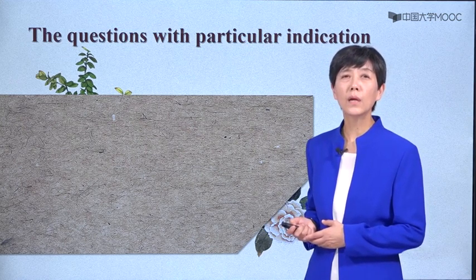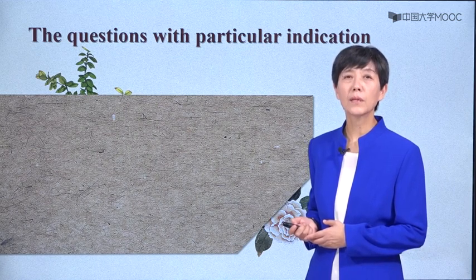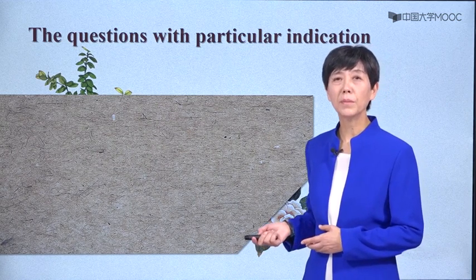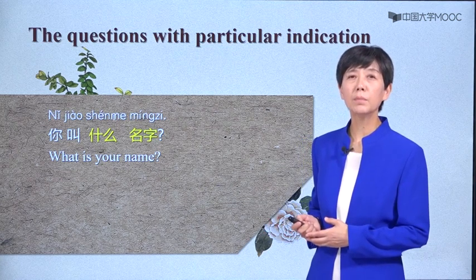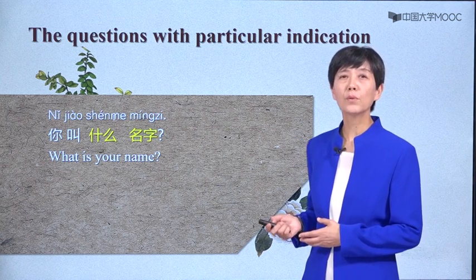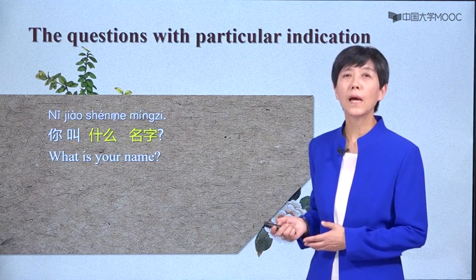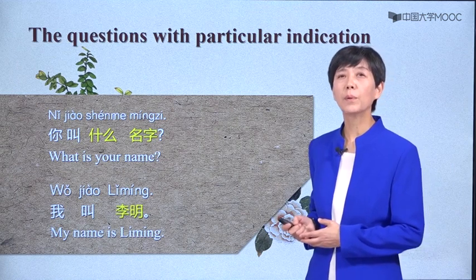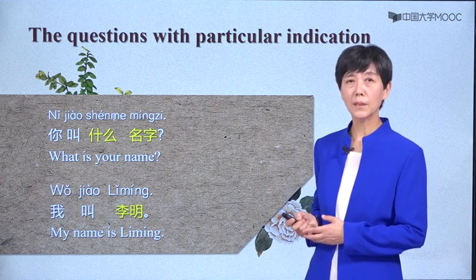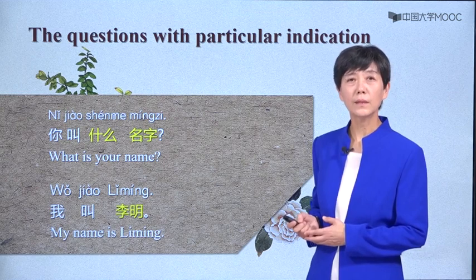So when you want to know one's name, you say 你叫什么名字? When you want to answer this question, you can simply replace the question phrase with the answer, like 我叫李明. 李明 replaces 什么名字. It's easy, isn't it?